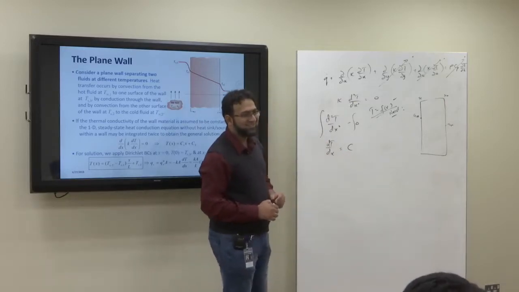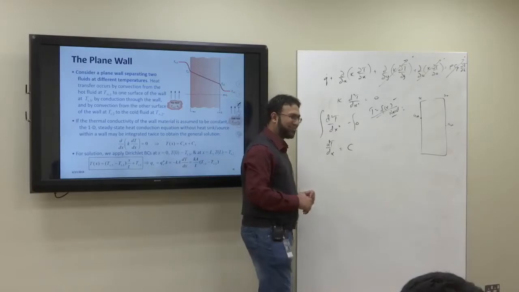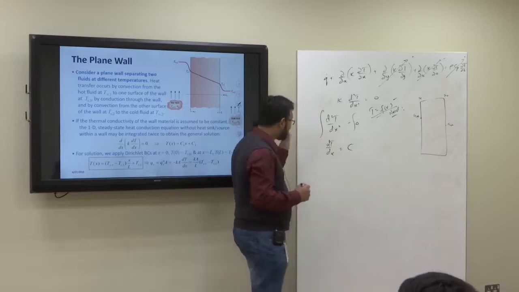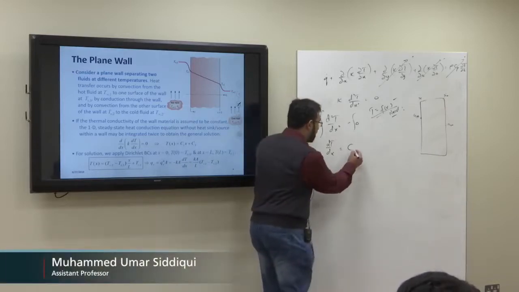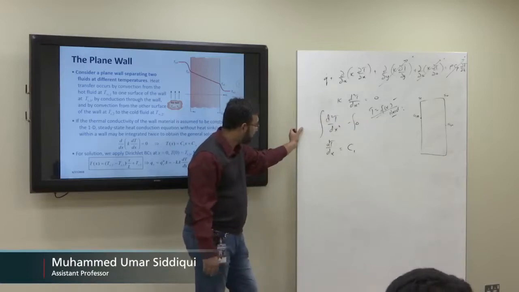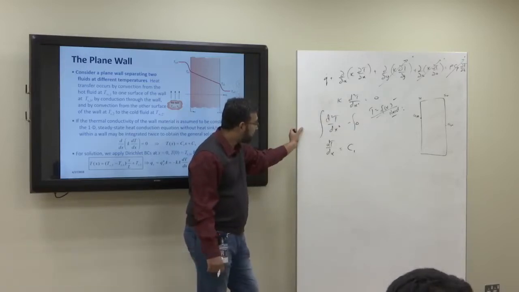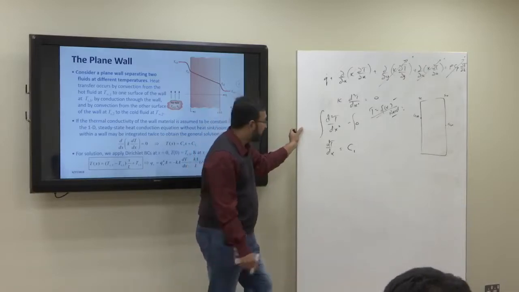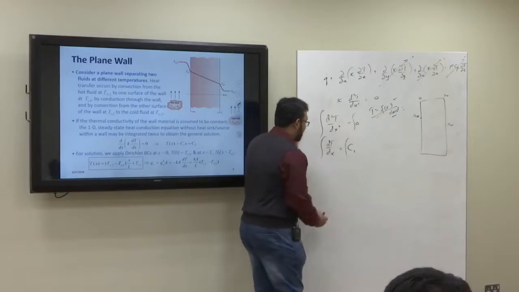Ah, calculus 2, huh? This is not differential equation, this is calculus. Okay. So we have this. Let's call this C1, and now we integrate it further again, because we need to find T. So if we integrate it again, then it will become what?